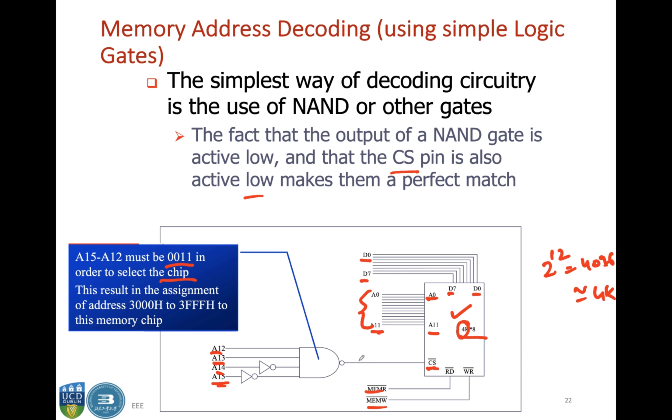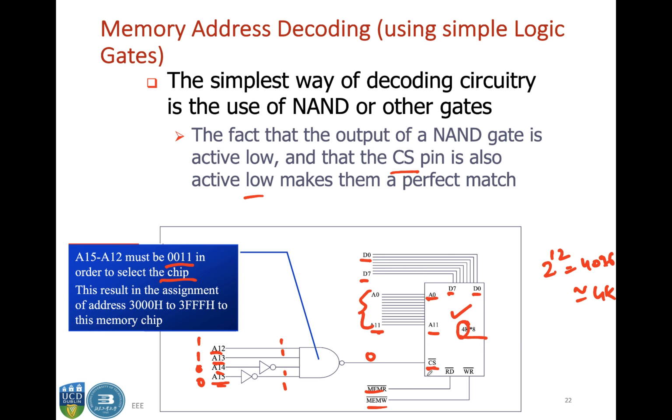The output of the NAND gate has to be active low. So if your A15 to A12 is 0011, in that case only, the inputs will all be 1, so all of them combined will be 1, and then the output will be 0.